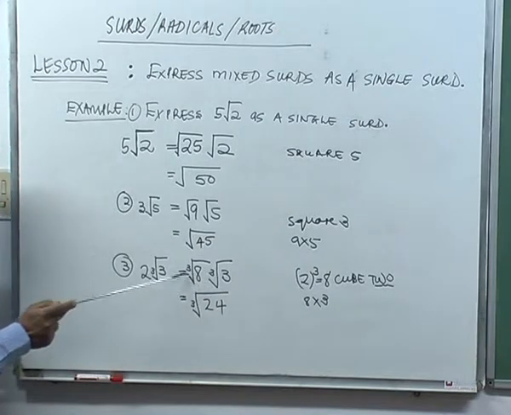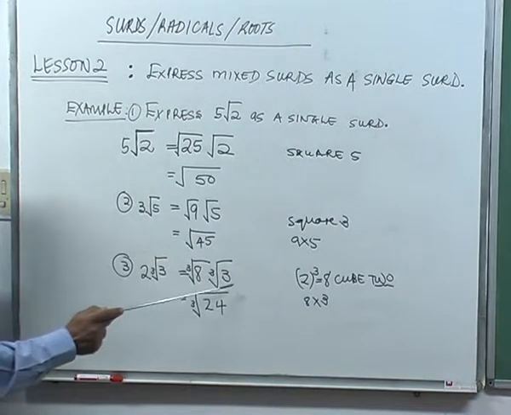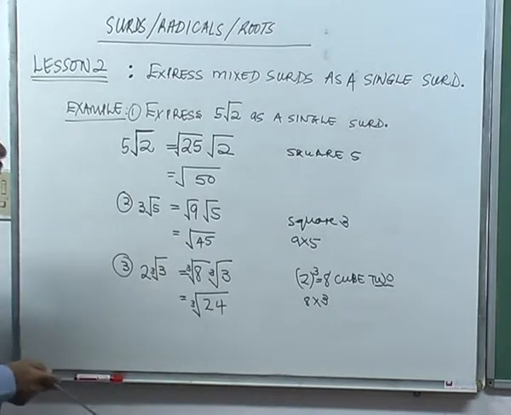There's 8. Cube root of 8, cube root of 3. And then you write a big cube root sign. 8 times 3, 24. Alright, I think you're now ready for an exercise on lesson 2. So shortly we'll give you an exercise on lesson 2.